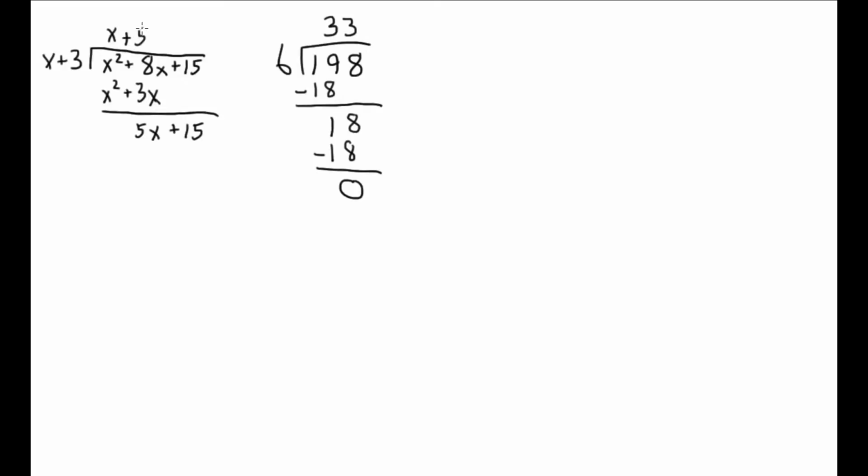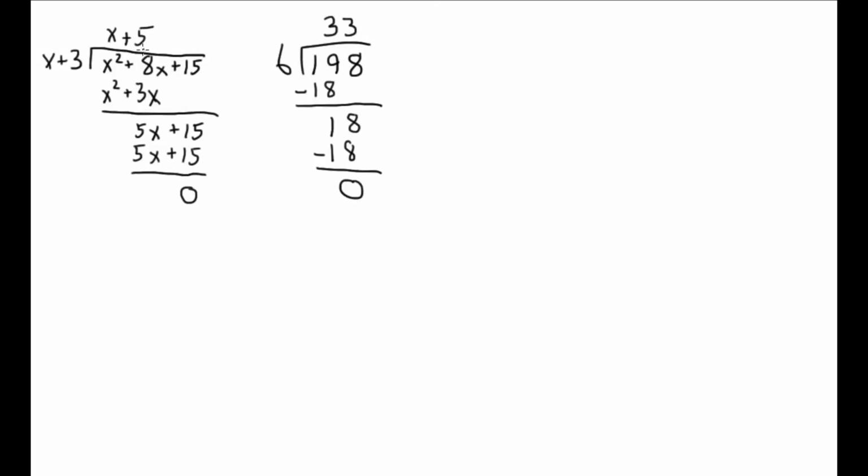So put a 5 up there. 5 times x is 5x. 5 times 3 is 15. We subtract. We're again left with 0, which means no remainder. So there we have it. 198 divided by 6 is 33. And x squared plus 8x plus 15 divided by x plus 3 equals x plus 5.